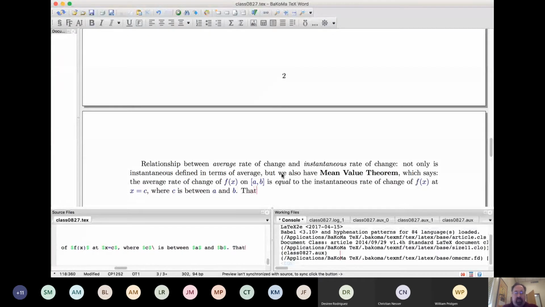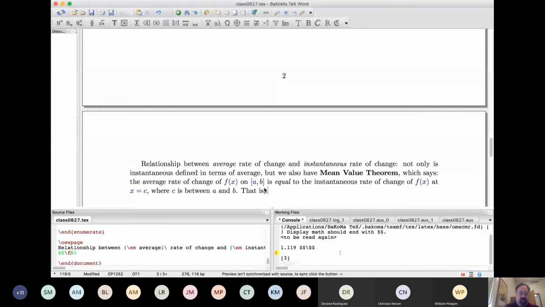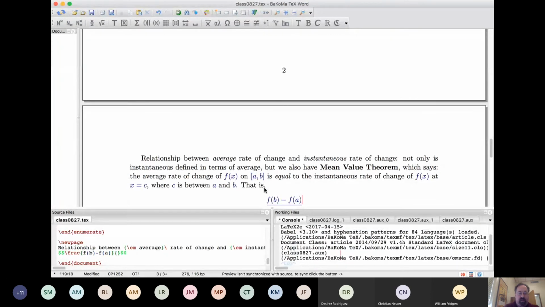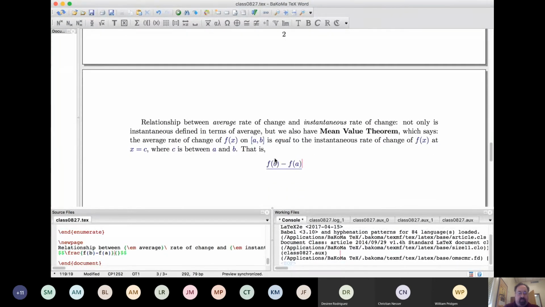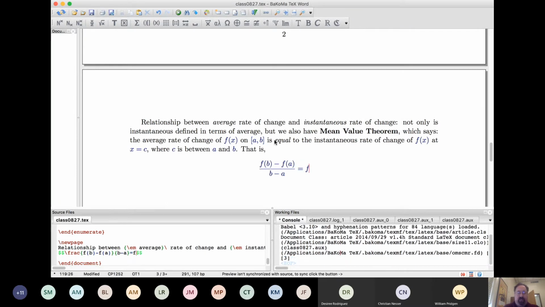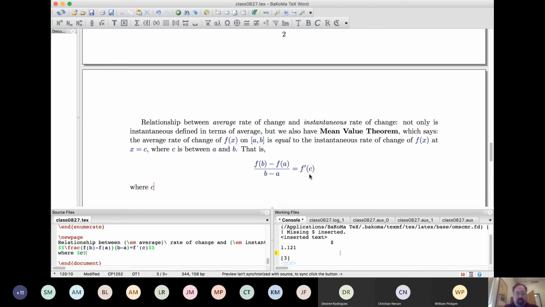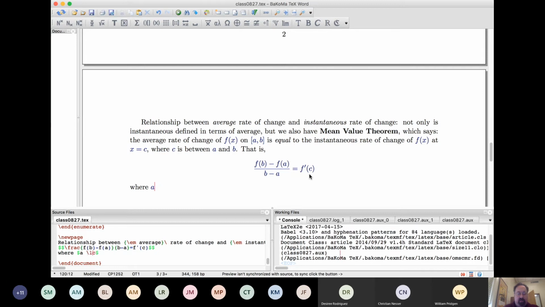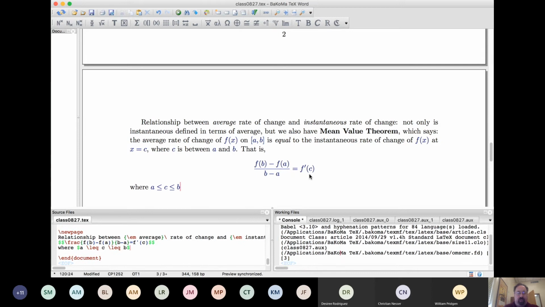So another way to describe it using an equation is this expression, which is the average rate of change from a to b, is equal to the derivative at a specific point that falls somewhere between a and b.